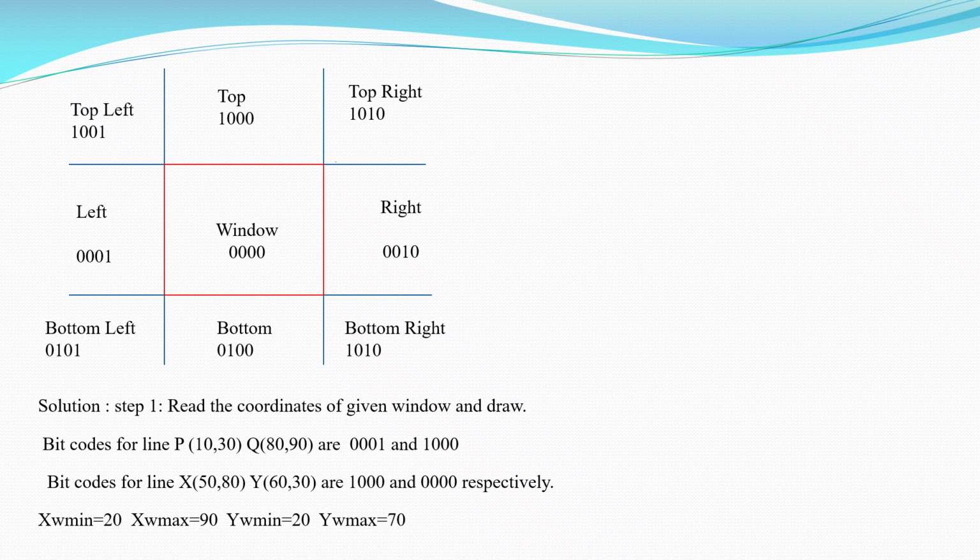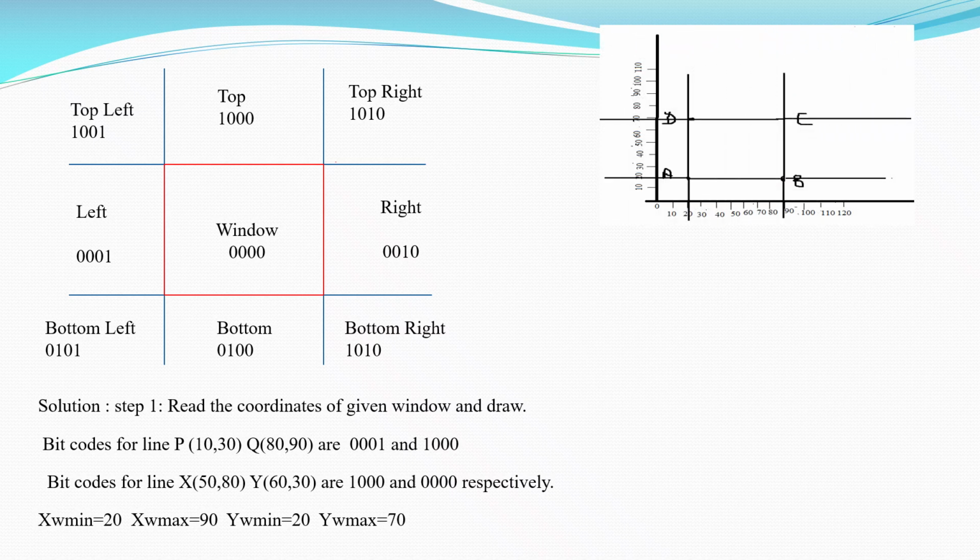So first step, read the coordinates of the given window and draw. This is our window. According to the question we make the graph and we get the window. Then read the bit codes of the line: P is X equals 10, Y equals 30, and Q, the second end point of the line, is 80, 90.